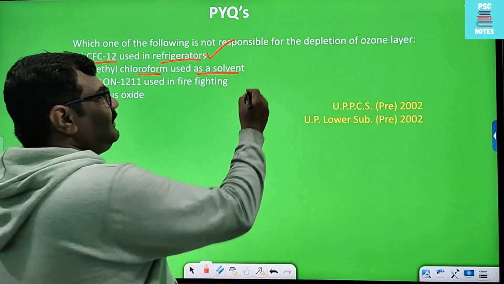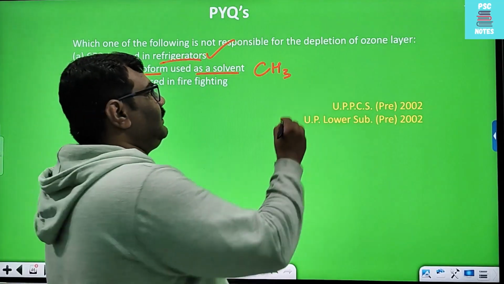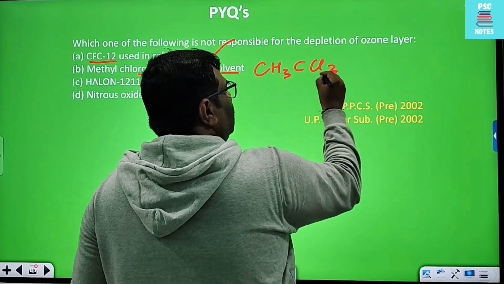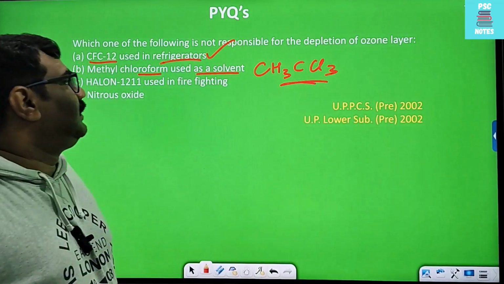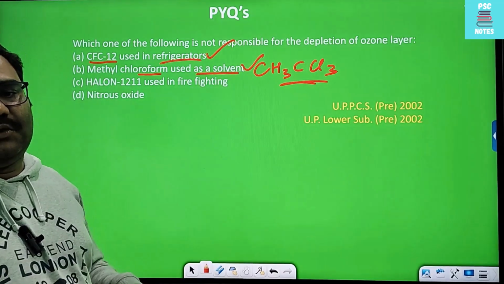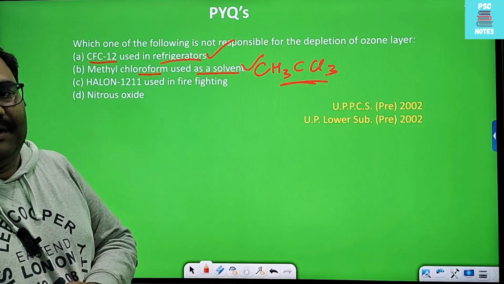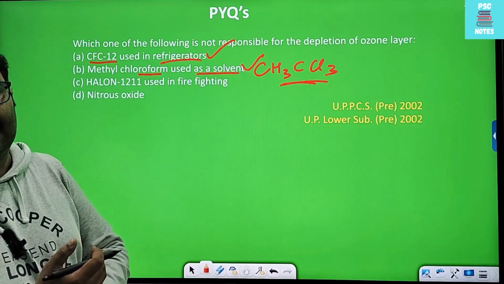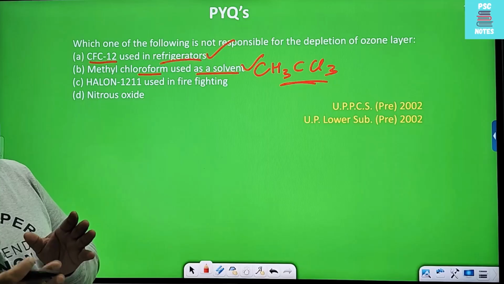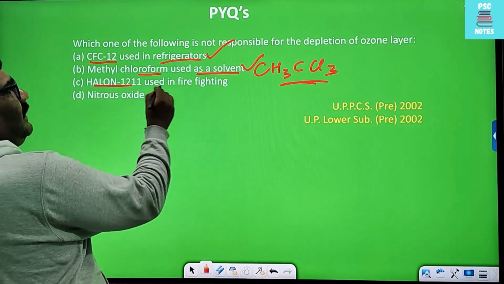तो इसका फॉर्मूला है CH3CCl3. It also releases free chlorine which deplete the ozone layer. Further, halon 121 used in firefighting. It is also a bromo chloro difluoromethane. ठीक है.